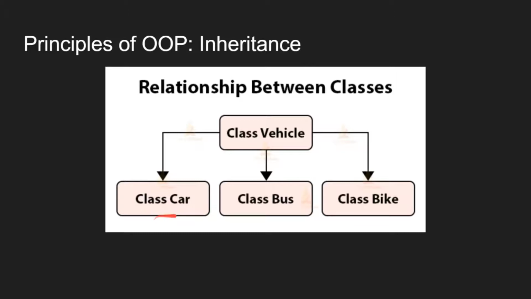Maybe they all have current speed as a variable. And if you're writing all these three classes, you'd be repeating a lot of code. And as we've seen before with functions, a big thing in programming is to prevent repetitive code. So we can do this by writing a parent class called vehicle that describes all the bare bones of a vehicle, maybe the size, the weight, top speed, current speed, all of that stuff.